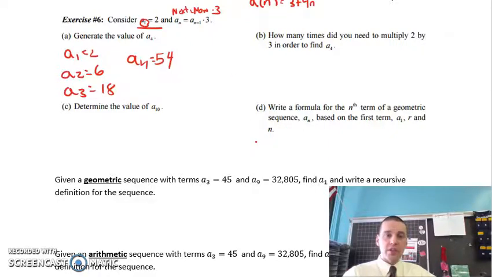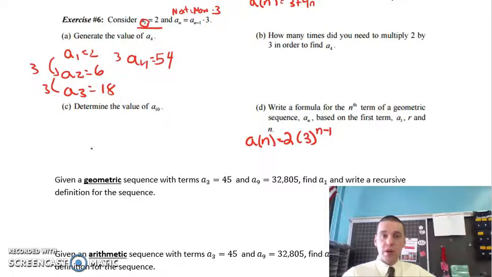So again, we have A of n equal, what is our starting value? 2. We're multiplying by 3. But since we start at the first term, if you notice, we only multiplied by 3 three times to get our 4th term, so we need to do n minus 1.